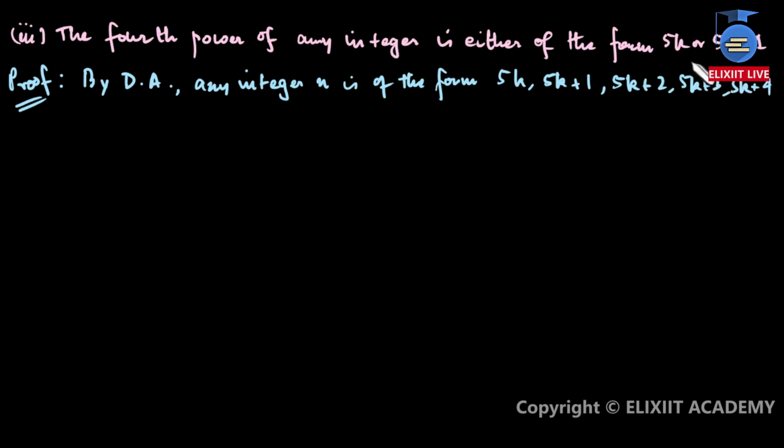So in each case you have to show that the fourth power of such a thing is of the form 5k or 5k plus 1. Let's see. So case 1 says what happens if n is of the form 5k. If this is 5k, then definitely n to the power 4 is 5k whole to the power 4, right?